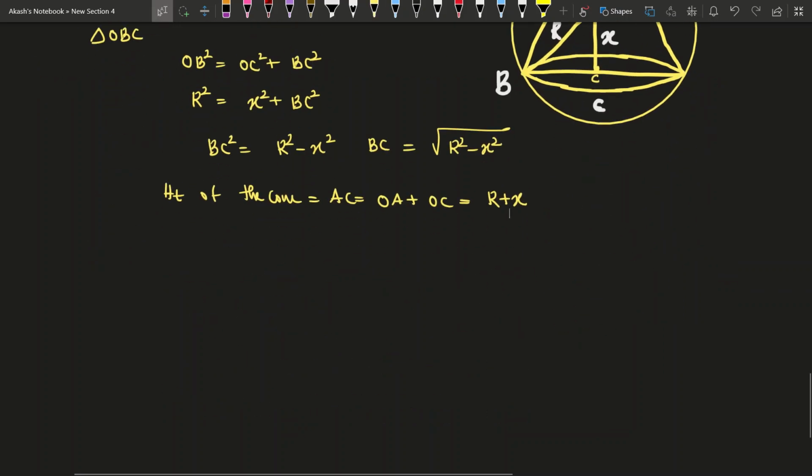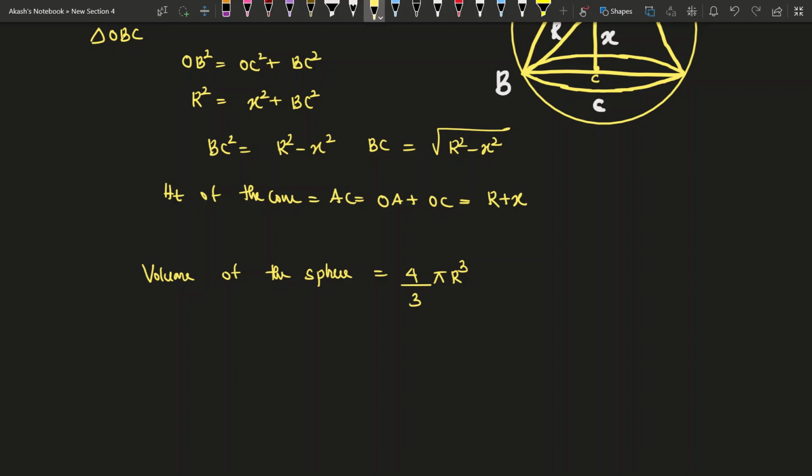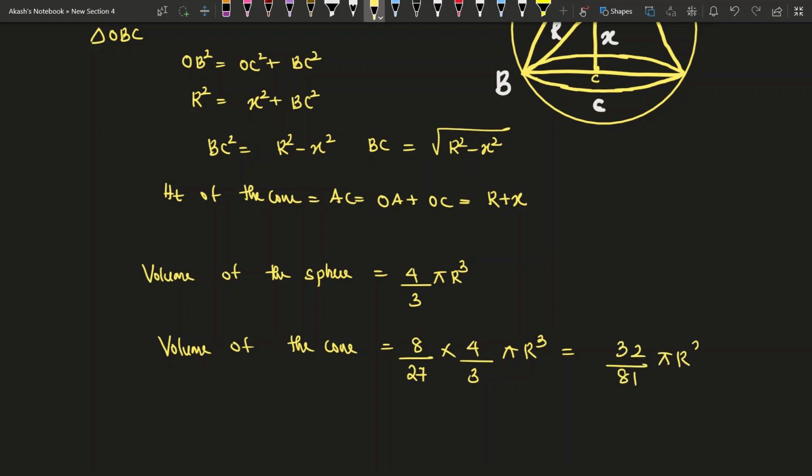The volume of the sphere is equal to 4 by 3 pi r cube. We need to establish that the volume of the cone is equal to 8 by 27 times the volume of the sphere, that is 8 by 27 times 4 by 3 pi r cube, which is 32 by 81 pi r cube.